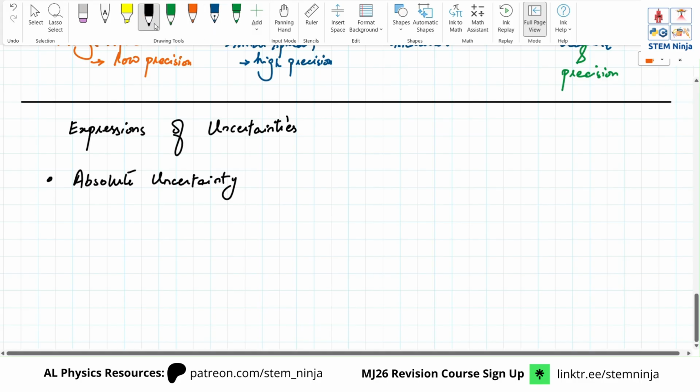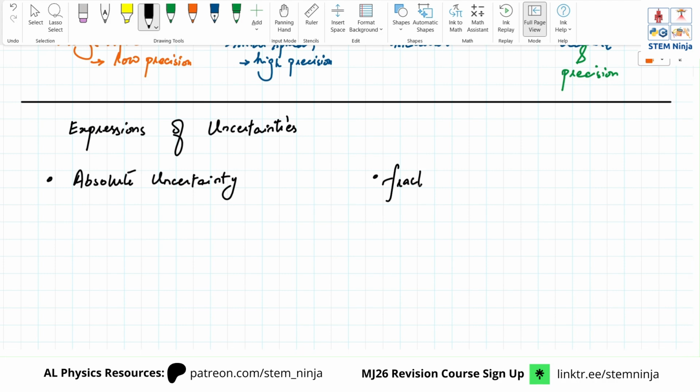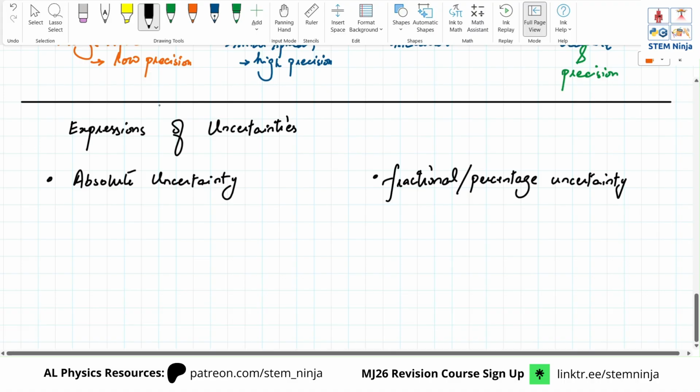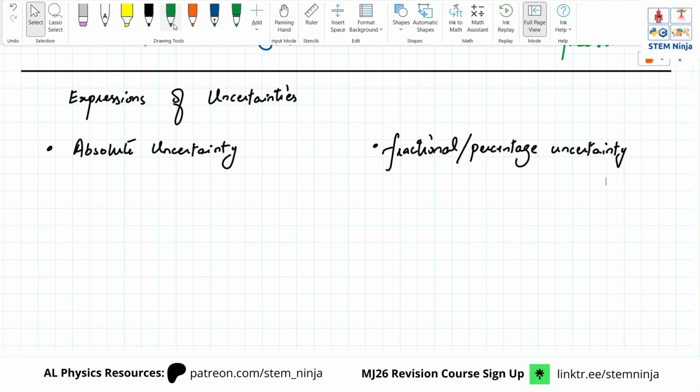There is fractional uncertainty, and this can be extended into a percentage uncertainty. Functionally they would both be the same. They represent the same thing.